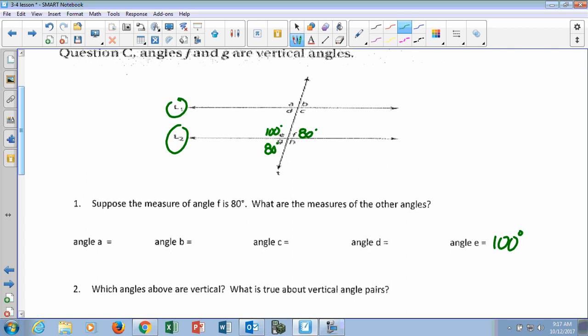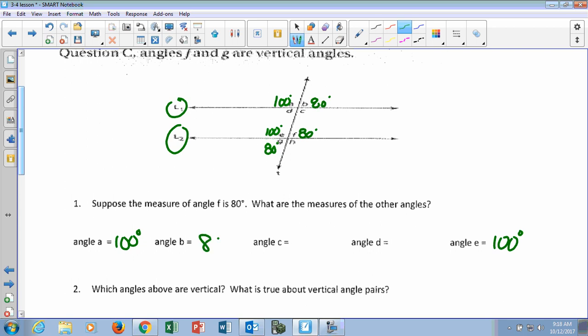Now they want A, B, C, and D. What do you think the measure of angle A is? It's 100. You are correct. Good job. All right, so if A is 100, what's B? Blake? 80, because again, A and B are supplementary angles.